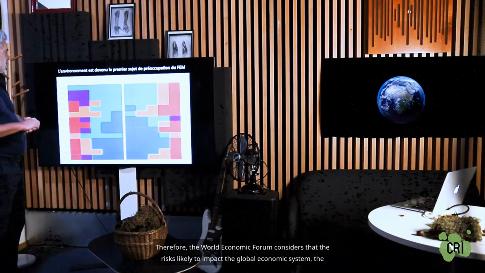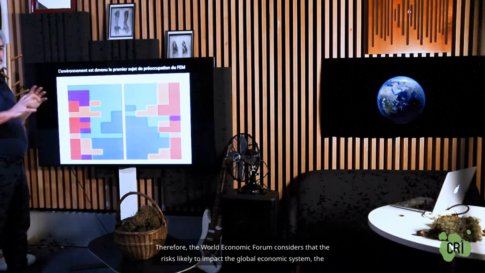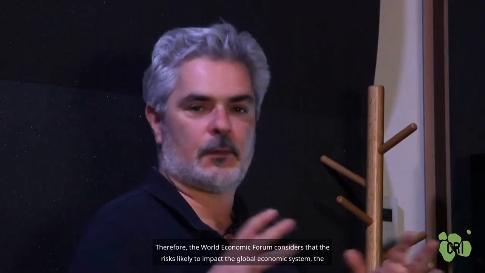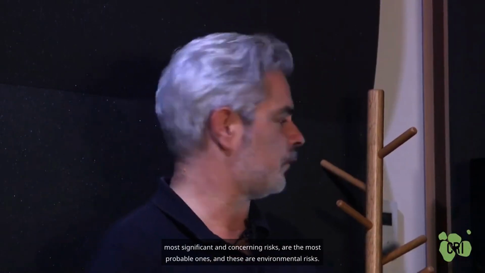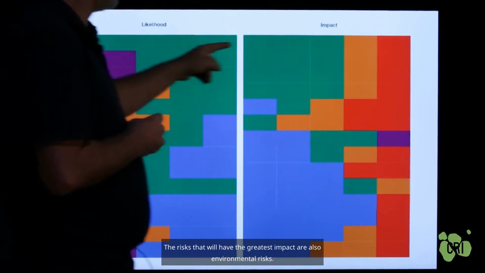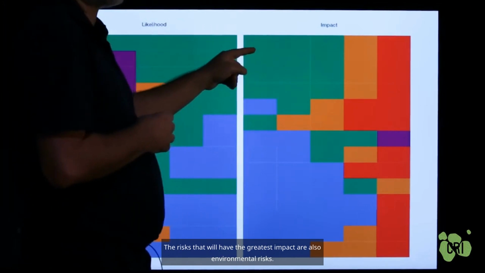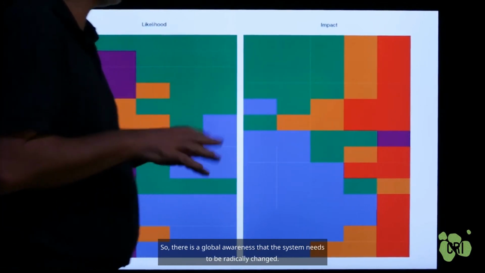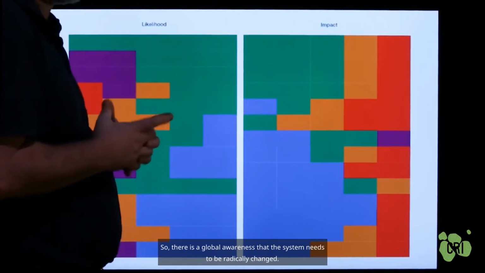Therefore, the World Economic Forum considers that the risks likely to impact the global economic system, the most significant and concerning risks, are the most probable ones, and these are environmental risks. The risks that will have the greatest impact are also environmental risks. So there is a global awareness that the system needs to be radically changed.